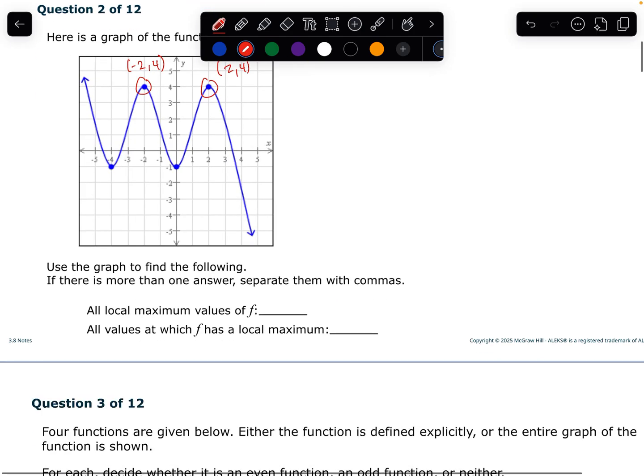At which values of x? That's going to be at x equals -2 and x equals 2. And what is the local maximum value? That is 4, and since they both have the same y value, I only need to write it once. But yeah, that's local minimums and maximums.